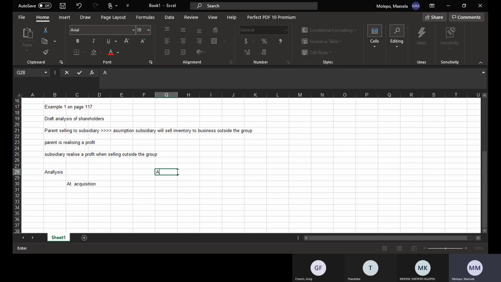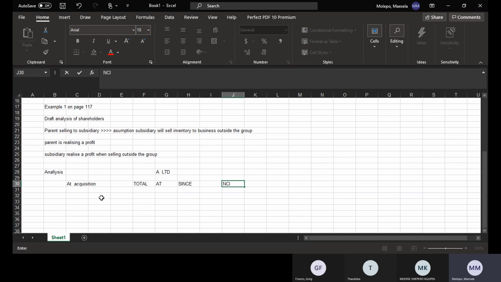Normally the analysis is mostly for the subsidiary part. We know that A Limited owns 80%, which we know how to determine; I'm not going to show it. So we've got at acquisition, A Limited, which will be our total, then the since acquisition, and then the NCI.